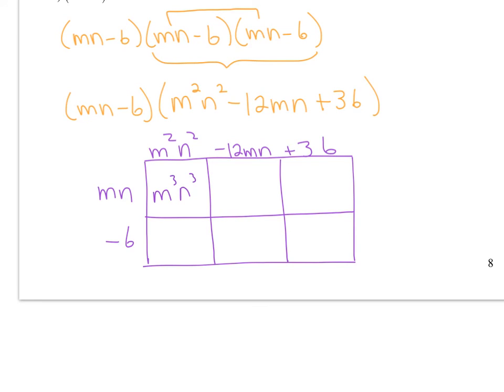And then in the top center, it'll be negative 12m squared n squared, and then 36mn, negative 6m squared n squared, 72mn, and 36 times 6, 216.